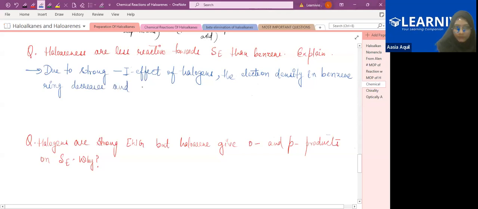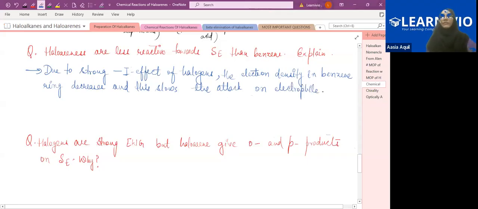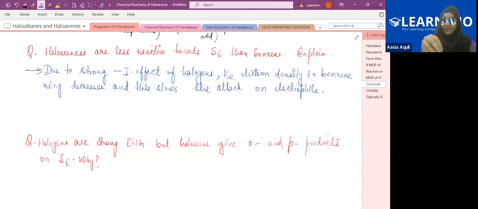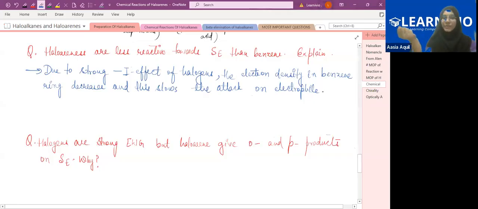And this slows the attack of electrophile. Okay. And if you want to elaborate, you can elaborate in your own words. So that's the reason why haloarenes are less reactive towards electrophilic substitution than benzene, due to the strong minus I effect of halogens.